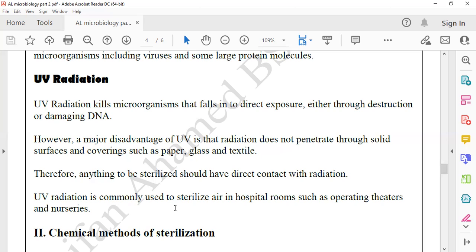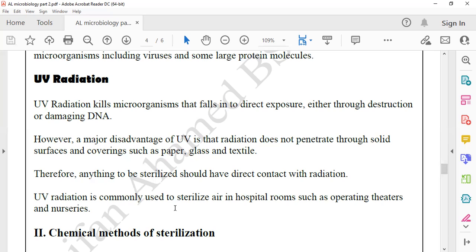Otherwise, steam cannot completely sterilize it because steam cannot penetrate the glass. Same idea here. UV cannot penetrate, so each and every surface of that material should be directly exposed to UV. Then only it will be a perfect sterilization.